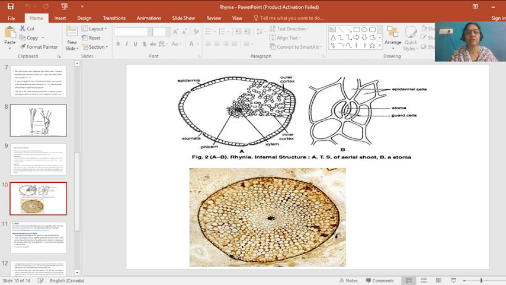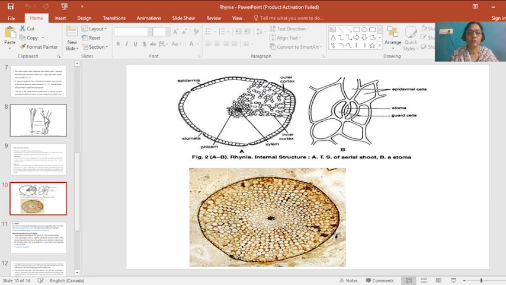The epidermis is a single outermost layer without any intercellular spaces, and you can see the cuticle beyond it. This epidermis at some places has stomata, and beneath it is the cortex, which is differentiated into outer and inner cortex, where the outer cortex is a few layers, parenchymatous, and the inner cortex is also parenchymatous with intercellular spaces.